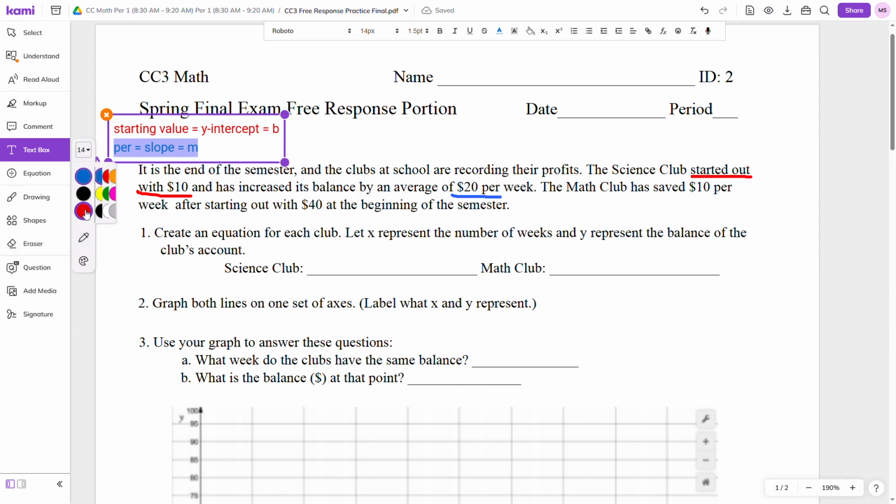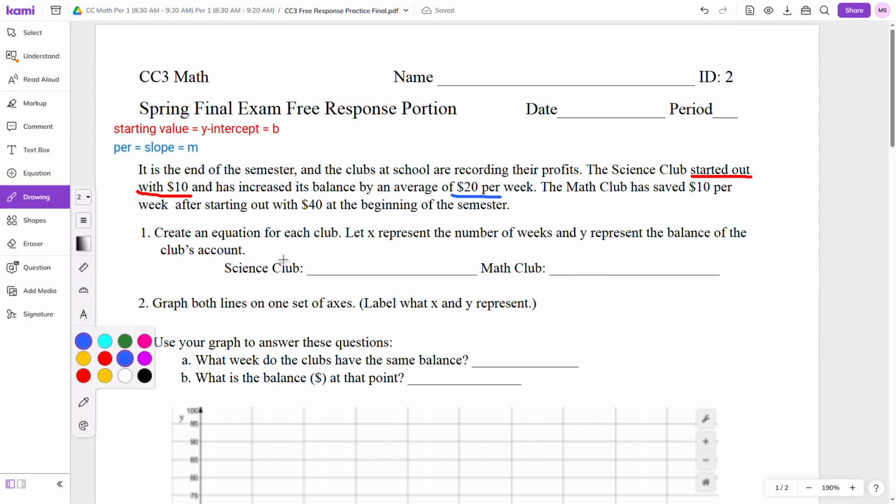So when it says $20 per week, right here, per, that's going to be the slope. For the second one, the math club, they start out with 40, so that's going to be their b value. So for the science club, their b is 10, and for their rate, their m, that equals 20.